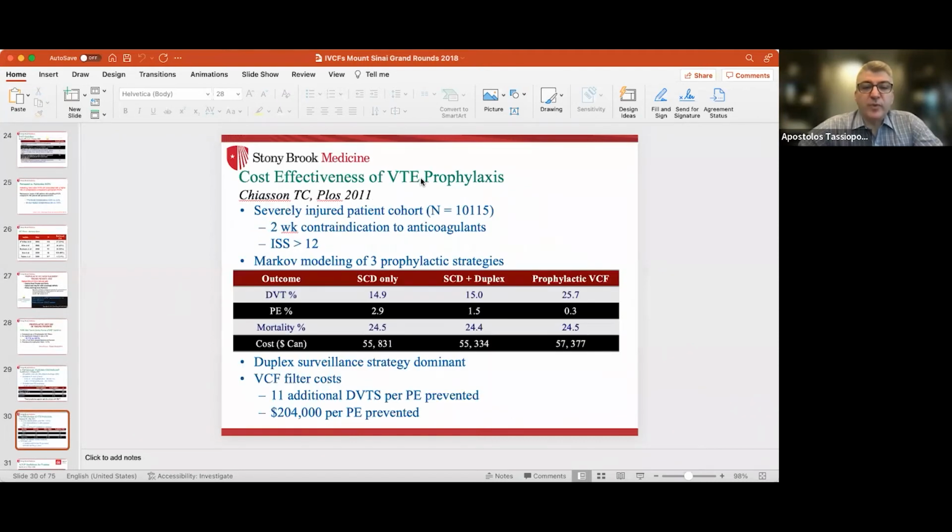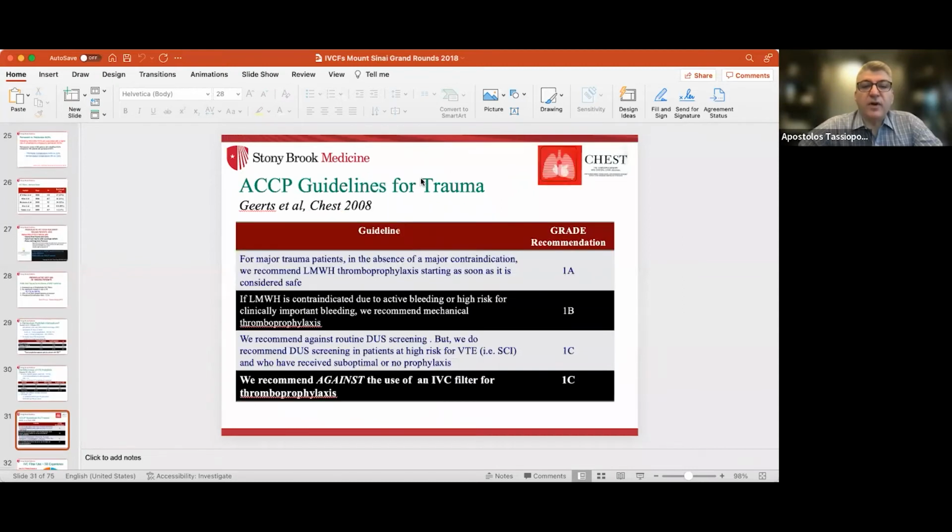I'm going to skip those because they're all variations of the same thing. Now, the ACCP guidelines that were published in 2008, about 5 years after those EAST guidelines, recommended against the use of IVC filters for thromboprophylaxis in the trauma patients.